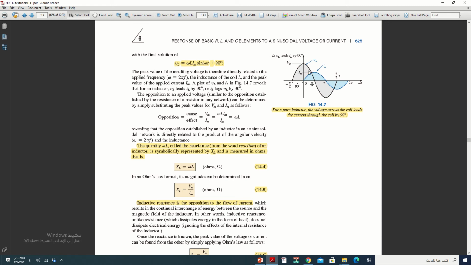Here the voltage reaches zero, then the current reaches zero. This means voltage VL leads IL, or we can say the opposite, IL lags VL. This is for a pure inductive load. If we apply voltage to a pure inductor, the voltage across the coil leads the current through the coil by 90 degrees.